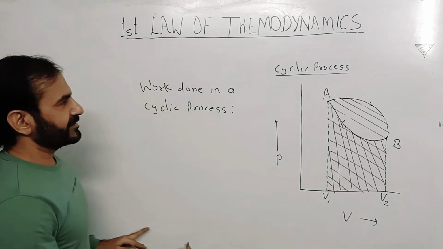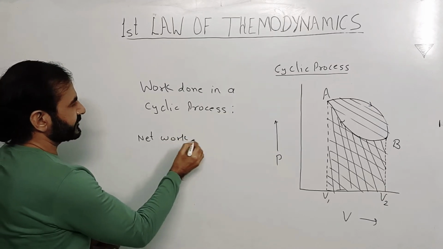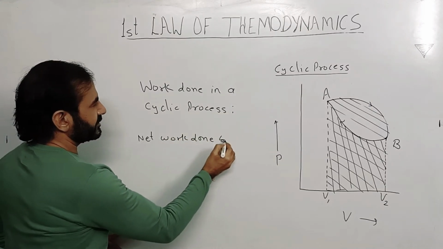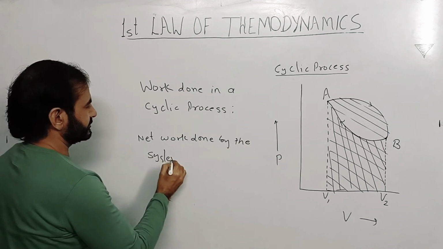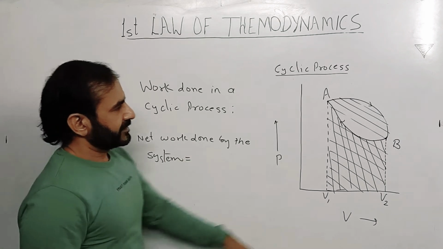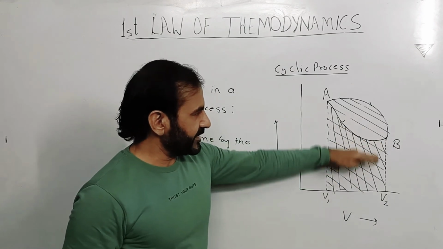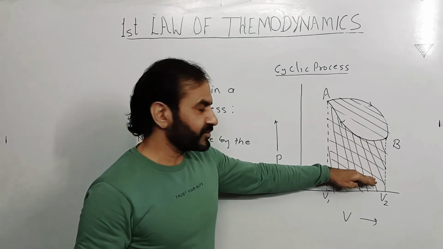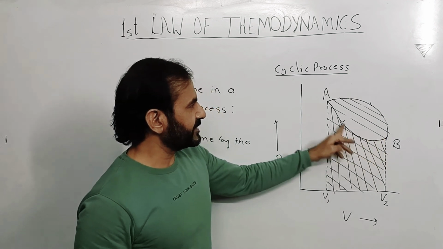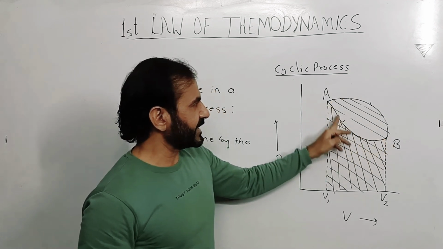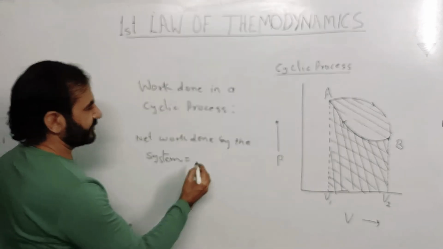So what will be the net work done by the system? Obviously, the whole area is work done by the system, and the checked area is work done on the system. So net work done is the whole area minus the checked area. What is left? This enclosure, enclosed by the cyclic graph.